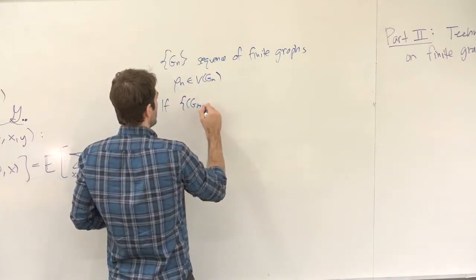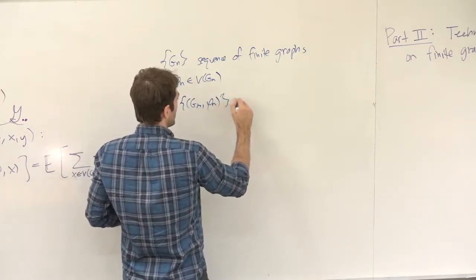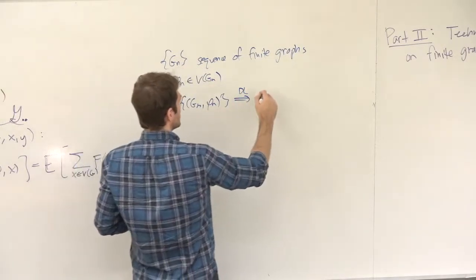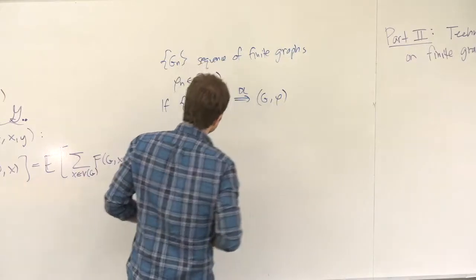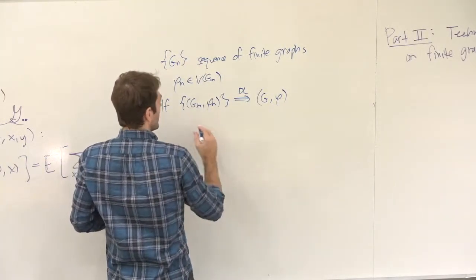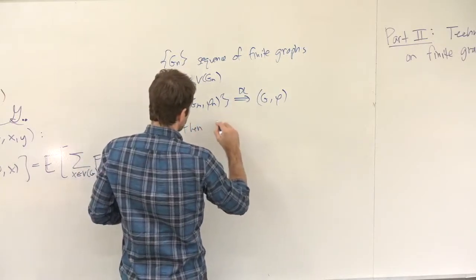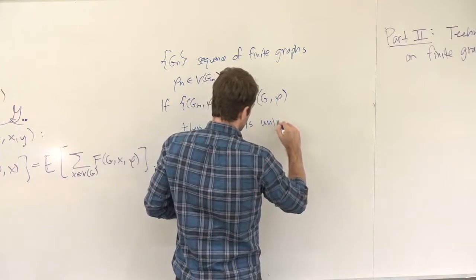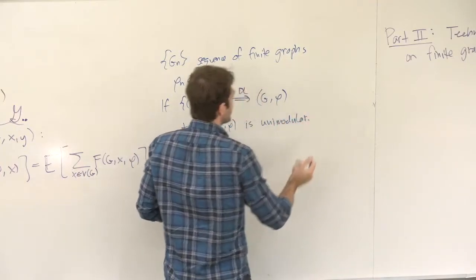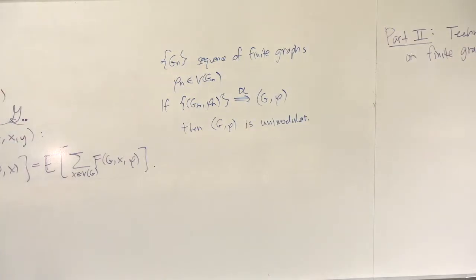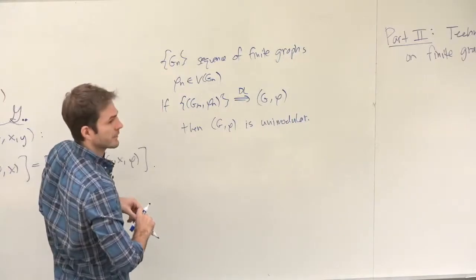If this sequence of graphs converges in the distributional sense, or the Benjamini-Schramm sense, or in the weak local topology to some random rooted graph, then this is unimodular. So this provides a rich family of examples, distributional limits of sequences of finite graphs, rooted at a uniformly random vertex.